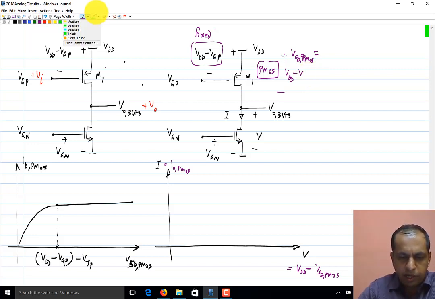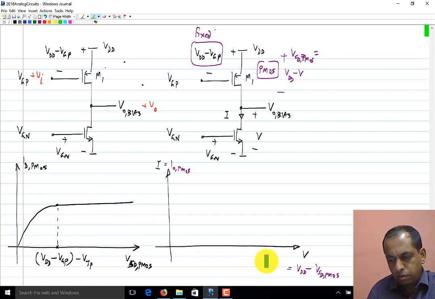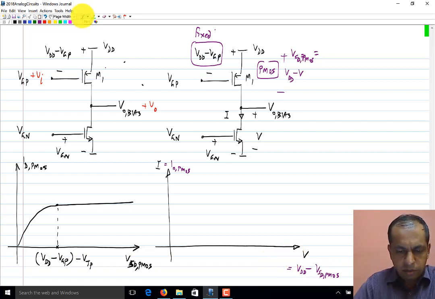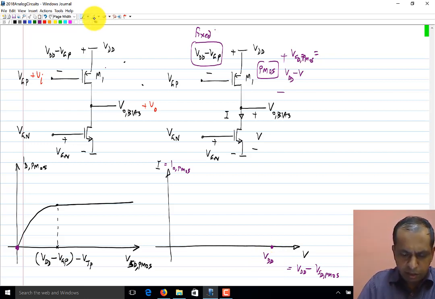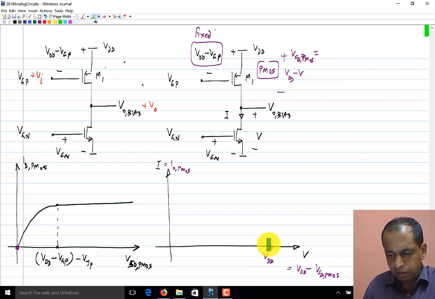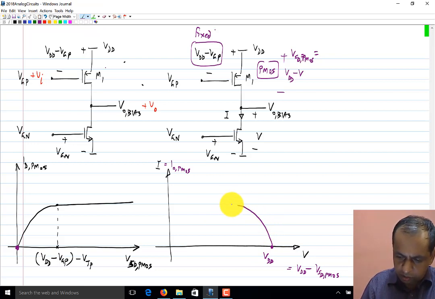So all that happens is that we have to plot the same curve as this, but on an x-axis which is redefined, it's VDD minus VSD of PMOS. So it's quite easy. So the point VSD equal to 0 here corresponds to V equals VDD. Okay, and similarly as we increase VSD, we have to fall down from VDD. So the characteristic looks like this.